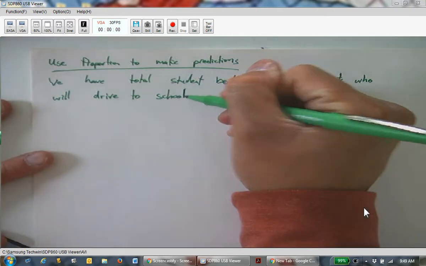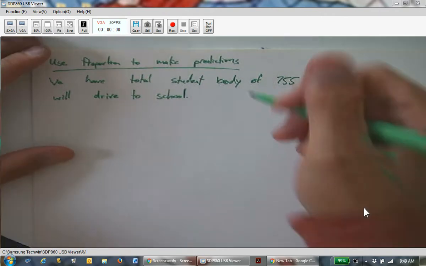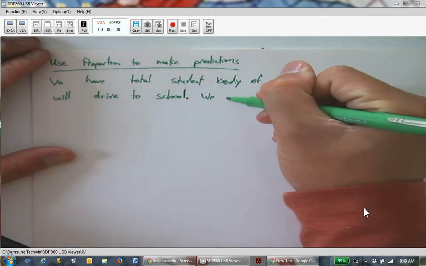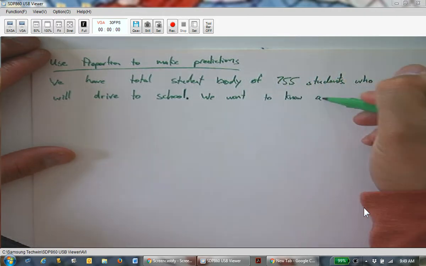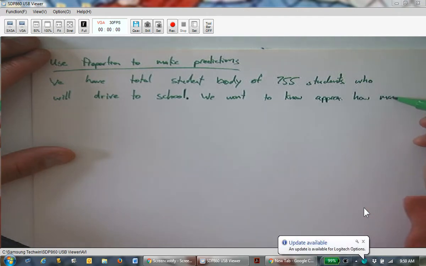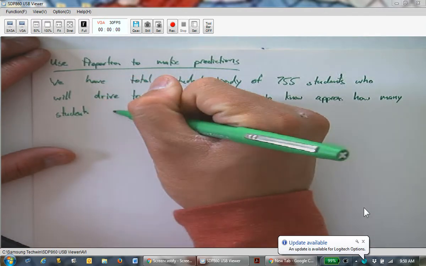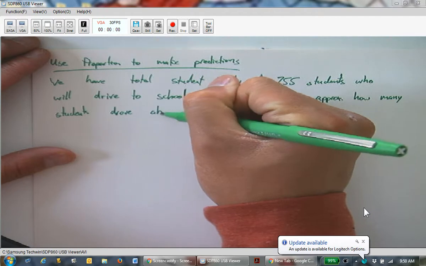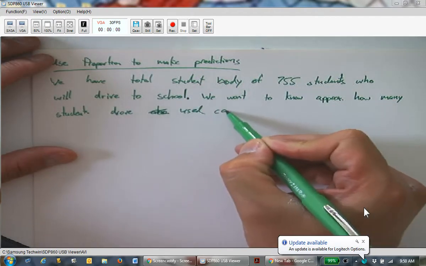So this is a little bit of a statistical concept. Not statistical math, but the concept is still statistical. We want to know approximately how many students drove used cars to save some money, right?